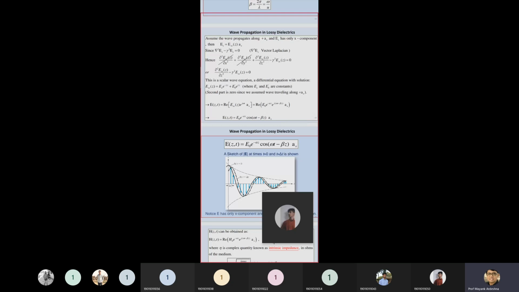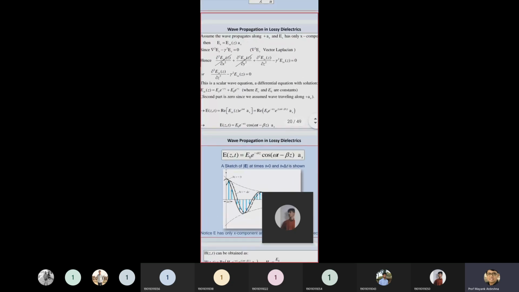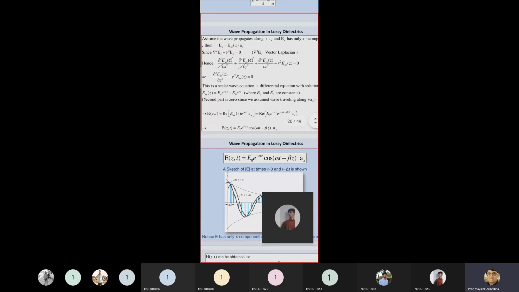And whenever the signal travels a distance, its amplitude decreases exponentially. So the solution of this equation, we are interested in finding Ez because Ez is the electric field: Ez is equal to E0 e raised to minus gamma Z. E0 is the magnitude of the signal moving in the Z direction, and in e raised to minus gamma Z, gamma is the propagation constant, because the amplitude decreases exponentially and the phase also changes along the Z direction.